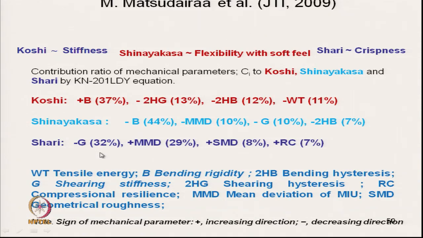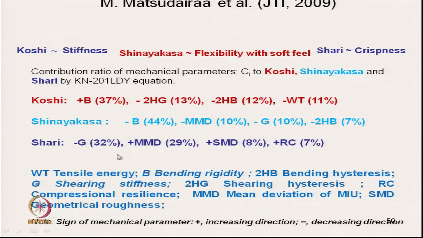If we want higher flexibility, we have to have a lower G value, that is shear stiffness. So, a fabric with lower shear stiffness will give higher flexibility. That is why this is not that related with the Koshi B value, but Shari is the crispness.